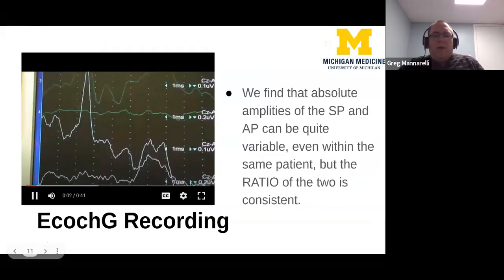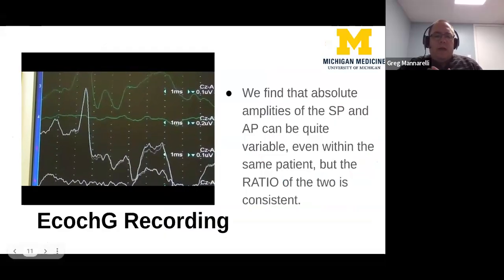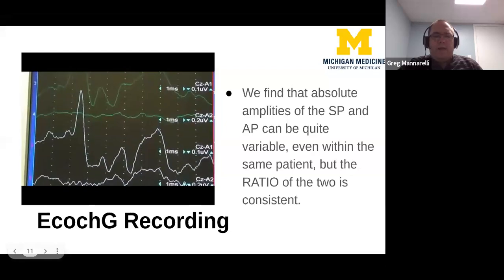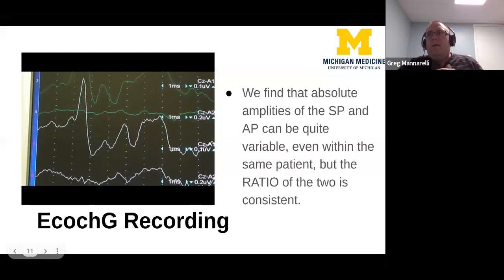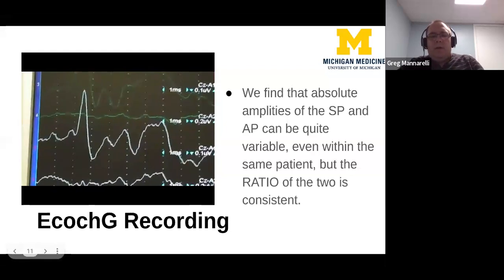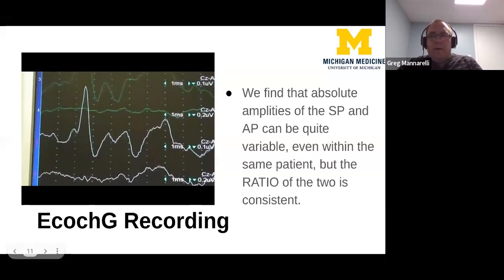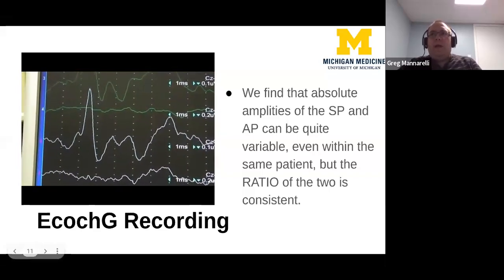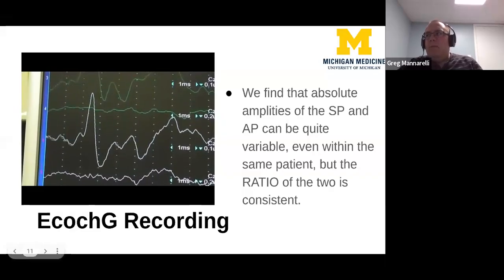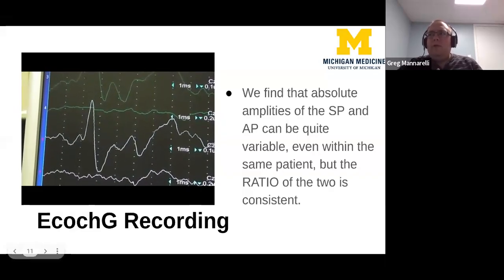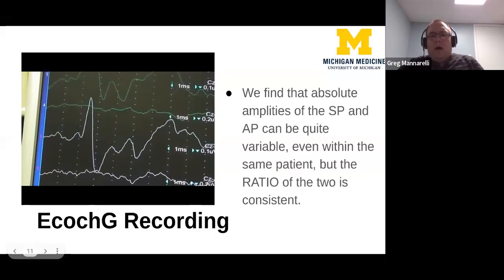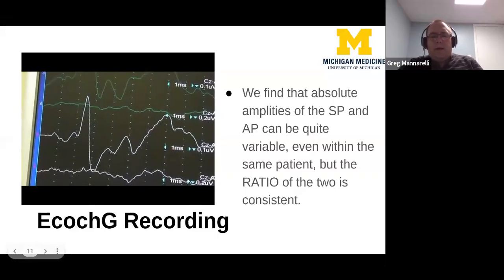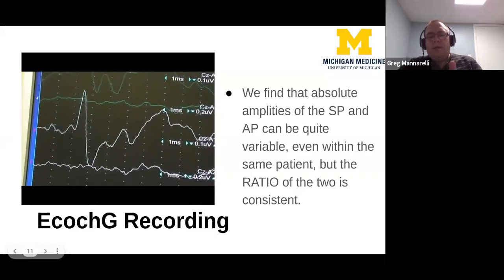And so why do we look at the ratio between the SP and the AP? Well, we find that the absolute amplitudes of both of these waveforms can be quite variable, between patients and between ears, and they're just too variable to use. But you do notice, and you can hear this, that the patient fell asleep and is snoring in the background.